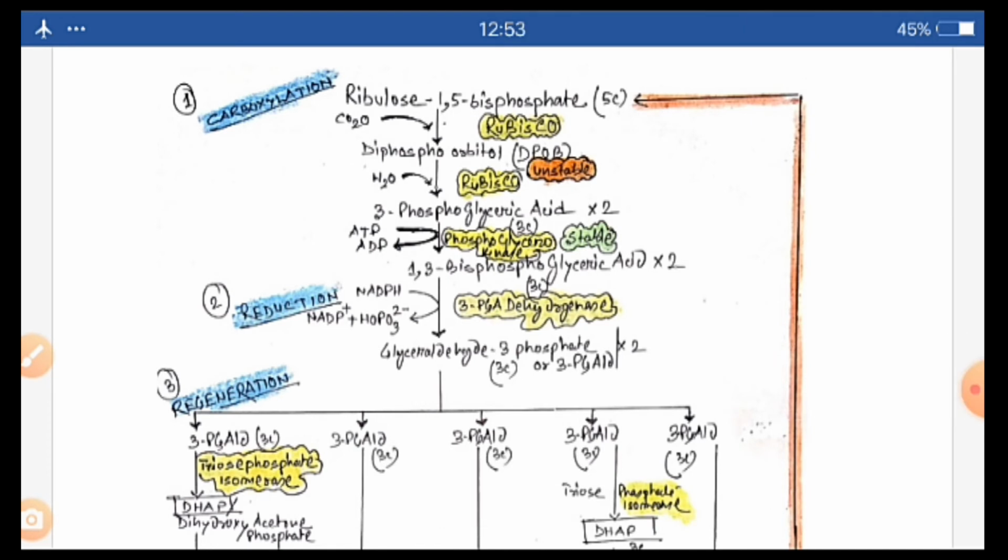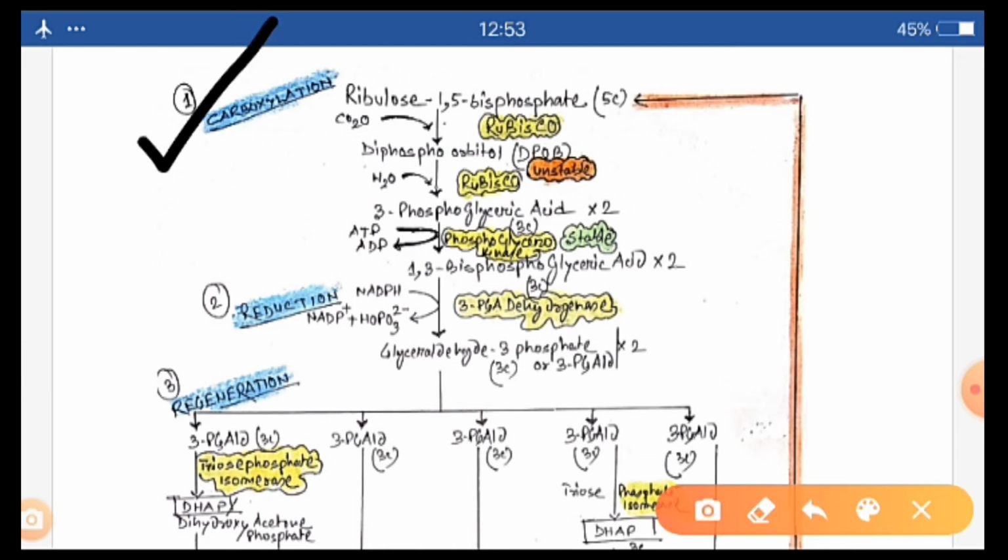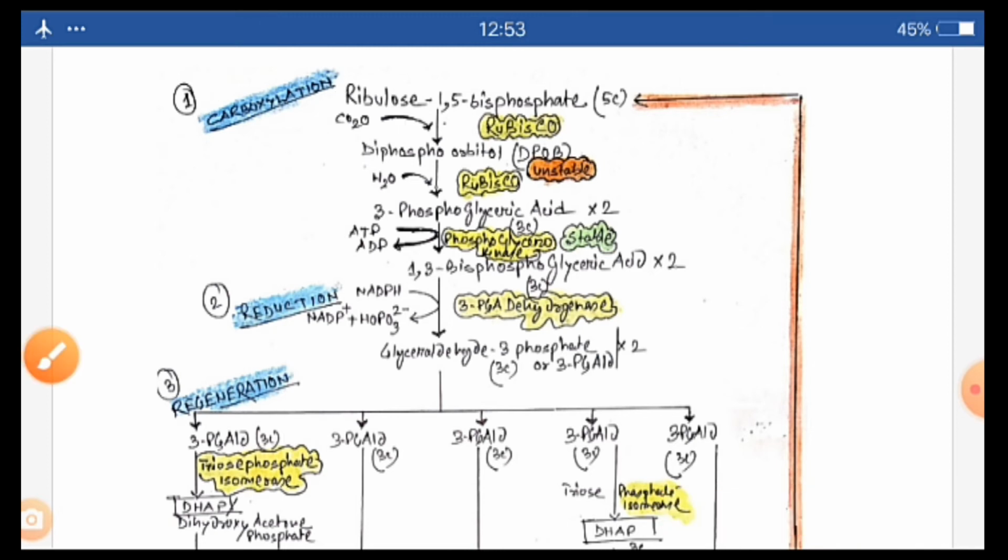First, we will discuss carboxylation, because carbon dioxide is fixed here. Okay, so let us start.